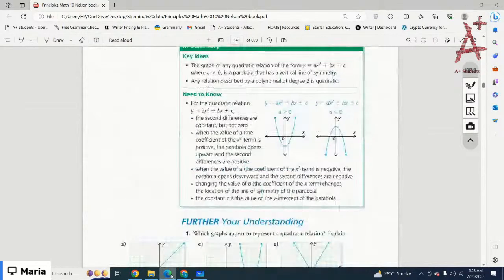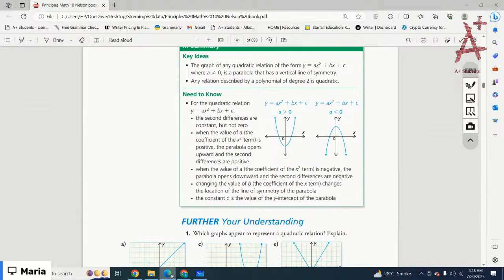The graph of any quadratic relation of the form y equals ax squared plus bx plus c, where a is not equal to 0, is a parabola that has a vertical line of symmetry. So the equation in the form ax squared plus bx plus c is the equation of a parabola.